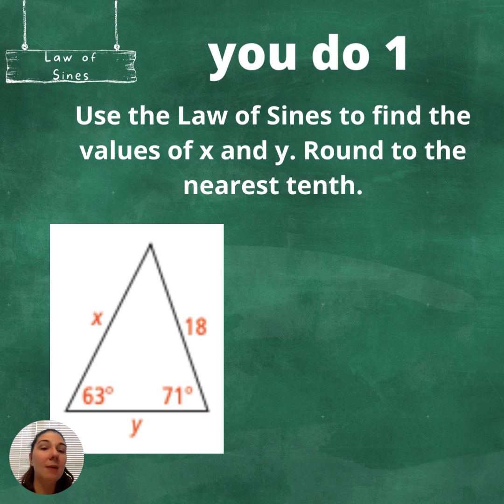Our two angle measures, in case this is fuzzy for you, are 63 degrees at the bottom left angle and 71 degrees at the bottom right angle. The bottom of the triangle is labeled y, the left side of the triangle is labeled x, and the right side of the triangle is labeled 18. So solve for x and y for me and round to the nearest tenth.